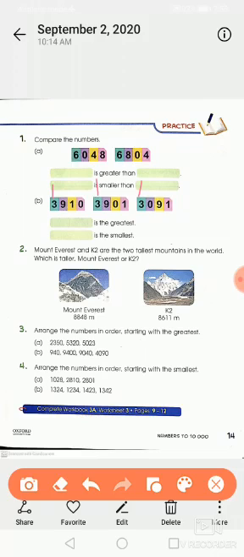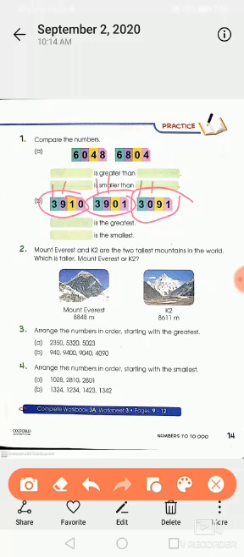So the thousands values are the same. Now we compare the hundreds place. In the first one there is 900, and in the second one also 900. In the third one there is 000. So this is the smallest number, and these two have the same hundreds digit.